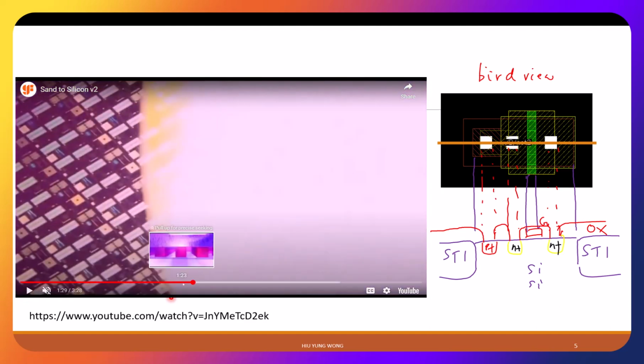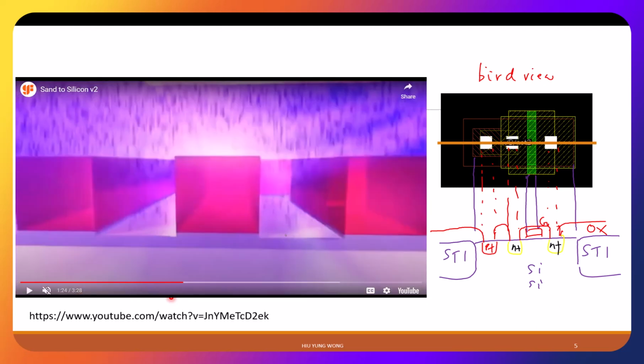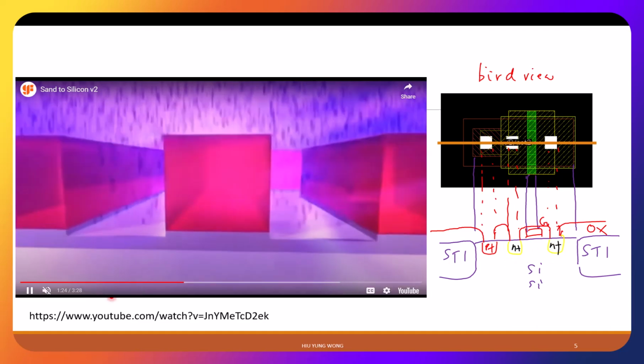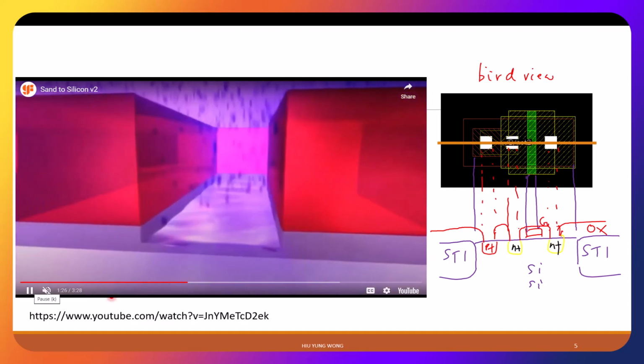Those areas that are open, this is silicon, will receive the atoms. But those on the photoresist stop at the photoresist. As a result, this part is not going to get any atoms. So that's why I can selectively form the N plus and P plus regions by doing photolithography. Any questions? Make sense?